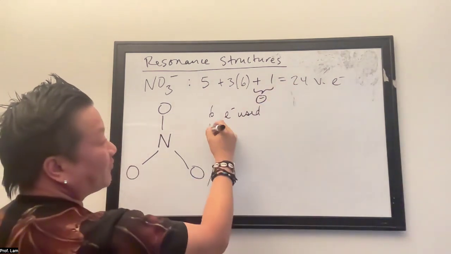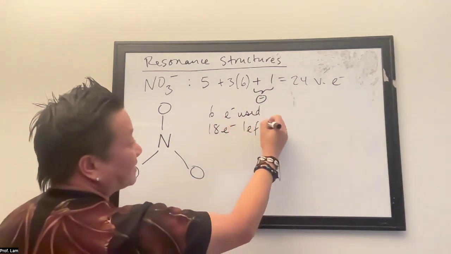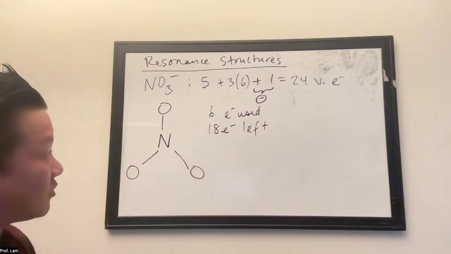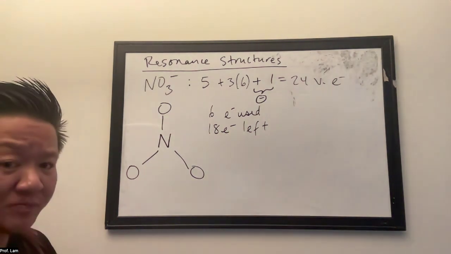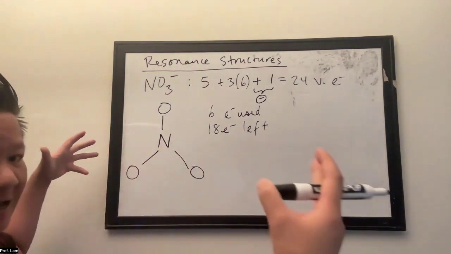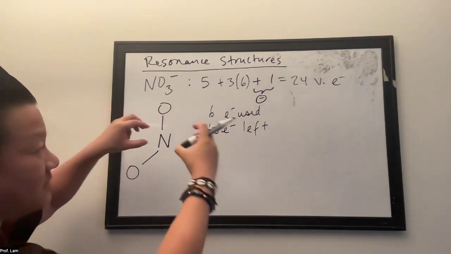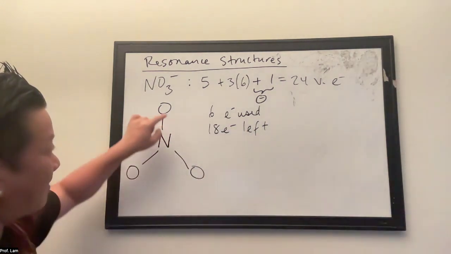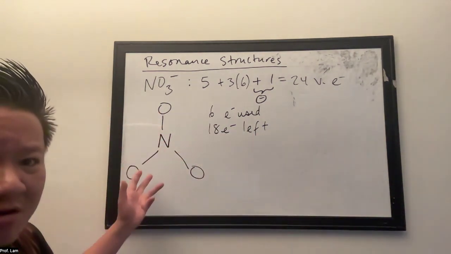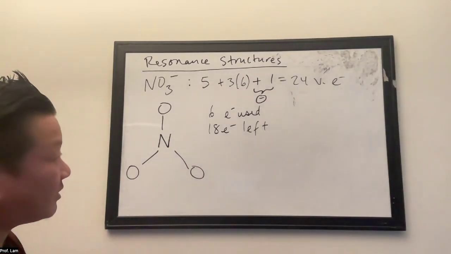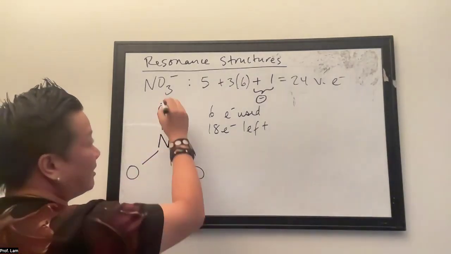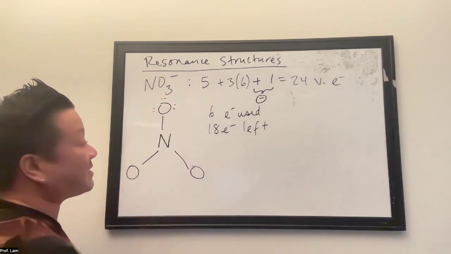Counting electrons, you'd use 2, 4, 6. So 6 from 24, you have 18 electrons left. Now remember how we put the 18 electrons from the outer atoms to the inner ones. Notice it's 3 oxygens. They're all identical, so it doesn't matter where you start. You're just going to do it so that you have the octet fulfilled.